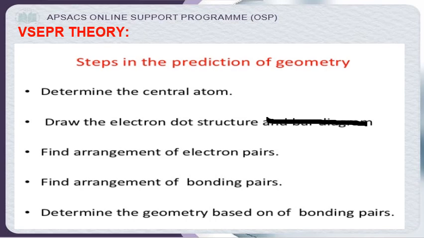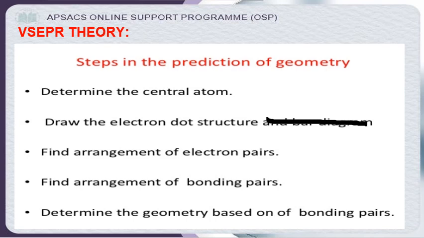The repulsion should be minimum, so they are placed at such a distance that minimizes the repulsion between them, as all of them are electrons. There are three types of repulsion within molecules: lone pair to lone pair, which has the maximum influence on the molecule; lone pair to bond pair; and the least one, bond pair to bond pair repulsion. The geometry is determined on the basis of all these three repulsions, right?